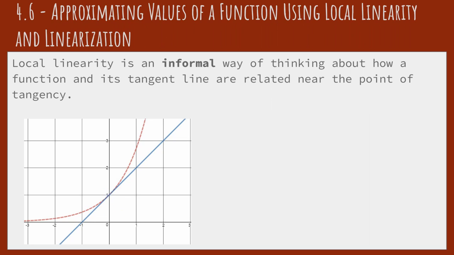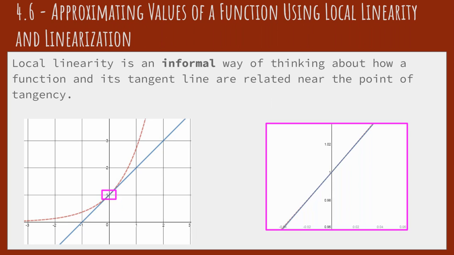So it's not real obvious if we look at the picture like this, but if we take just a little portion of it and we zoom in, the curve and the line are almost indistinguishable. So by looking at a really small portion of it, the curve looks a lot like a line. And that's because of the value of that limit approaching a particular slope.